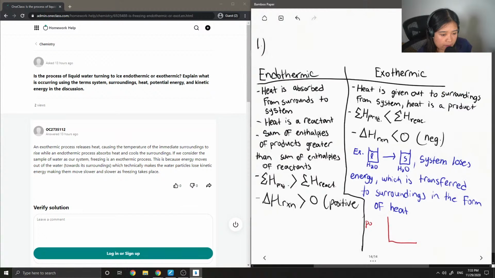So this is a plot of potential energy, and then this is the reaction progress or coordinate. So let's say the energy of liquid water starts here. The plot would look like this.